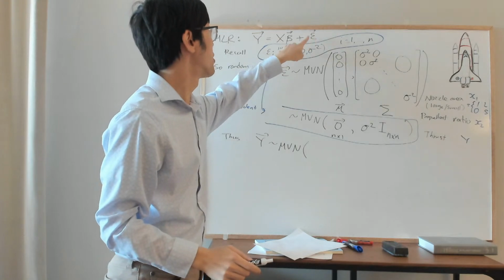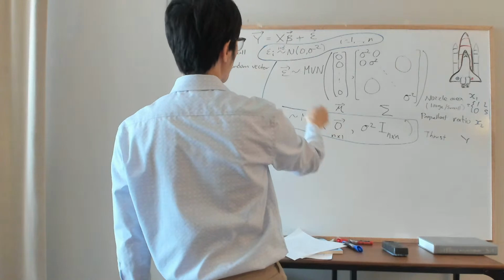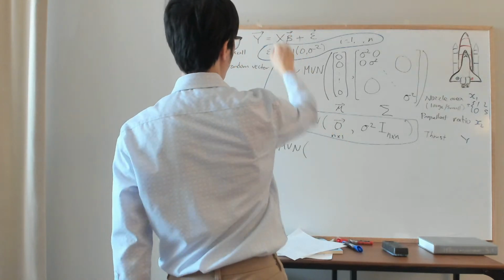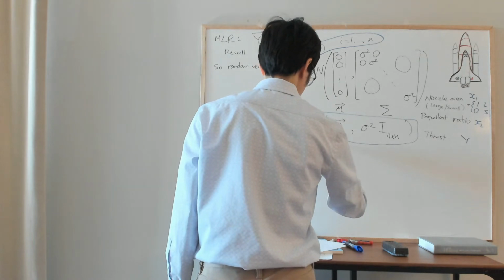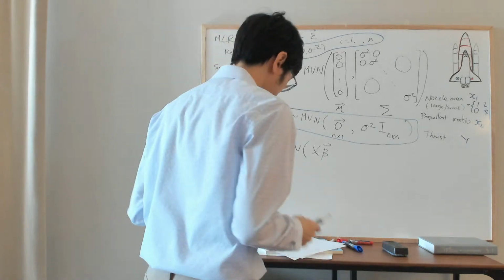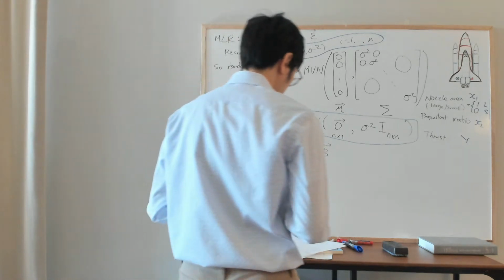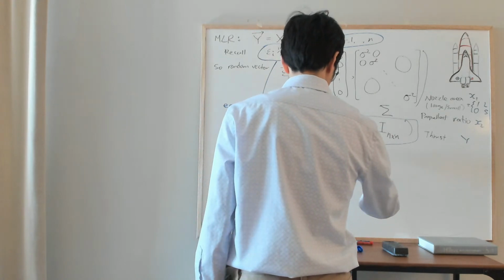The multivariate normal is coming from the epsilon. So we're just shifting the mean by x beta.